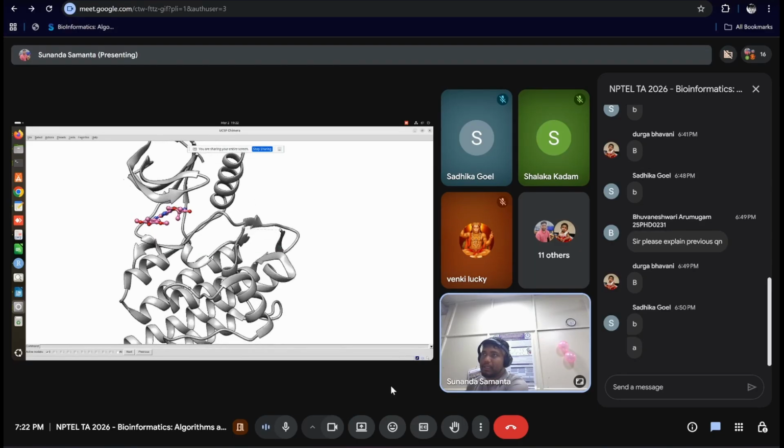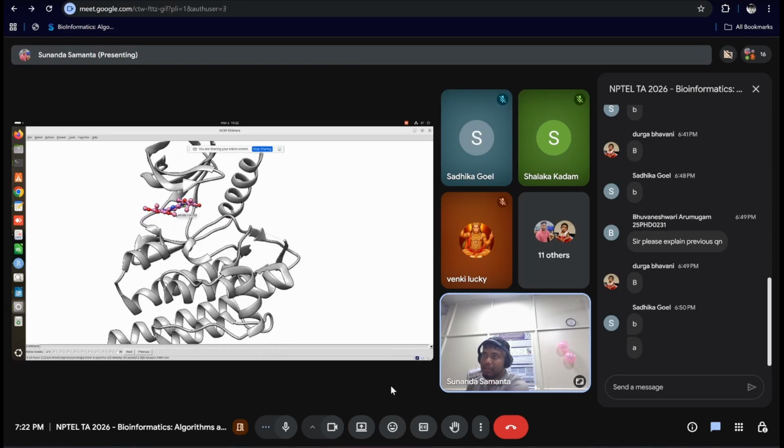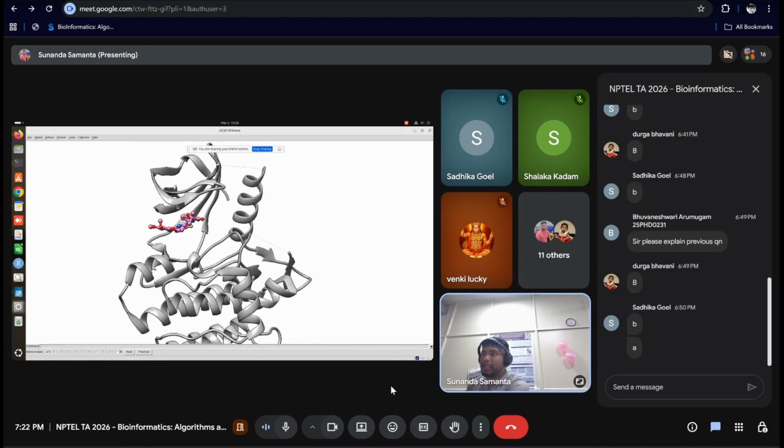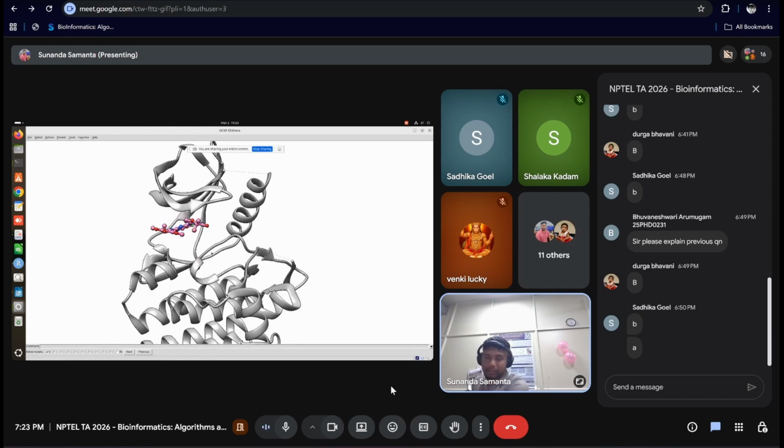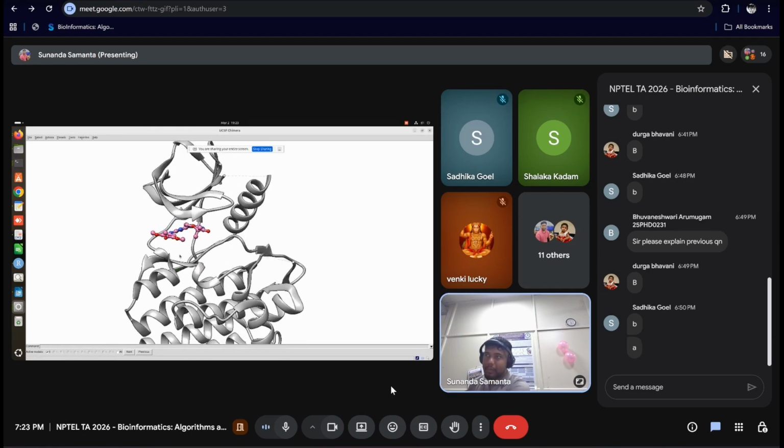Of course, you see that the ligand is staying here. What you can do is manually go through the surrounding amino acids, for example, serine 379, glycine 378, so on and so forth. These will be very close to the ligand, right? So they could be part of the amino acids forming some sort of interactions. It could be hydrophobic interactions or some sort of hydrogen bonding, something like that, right?